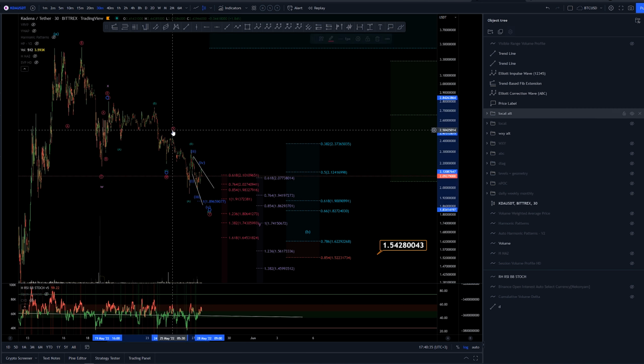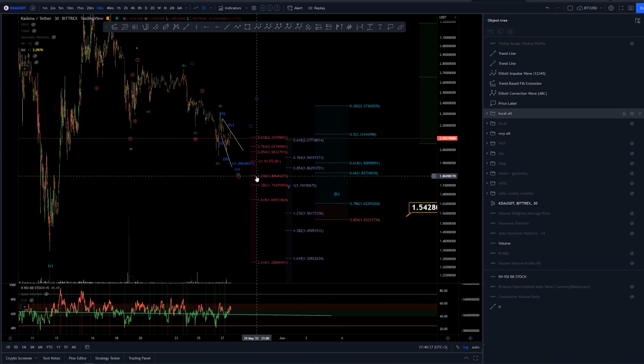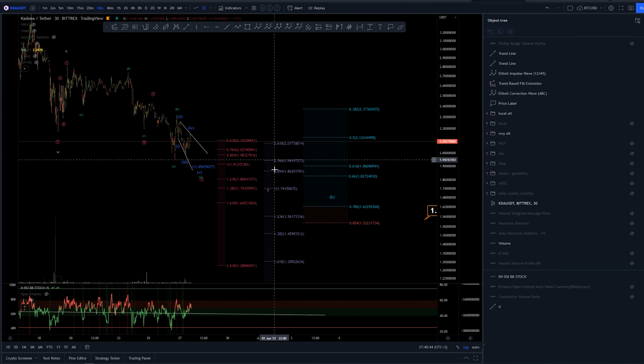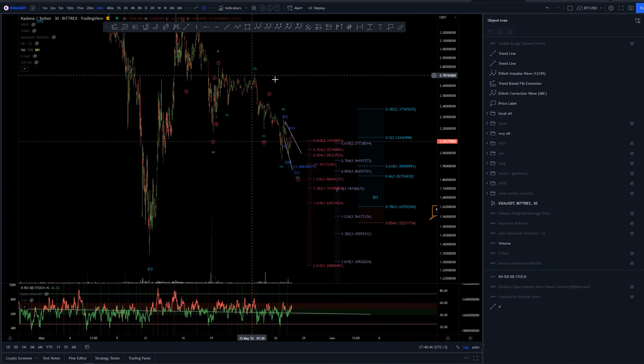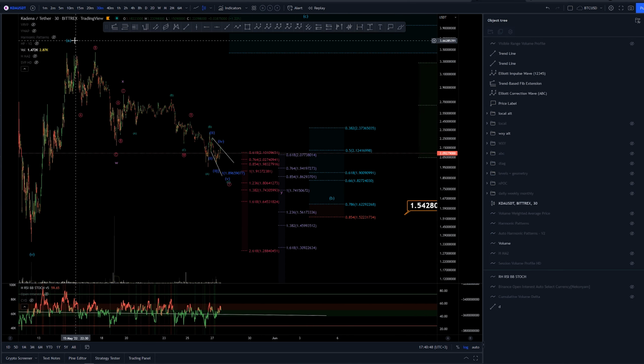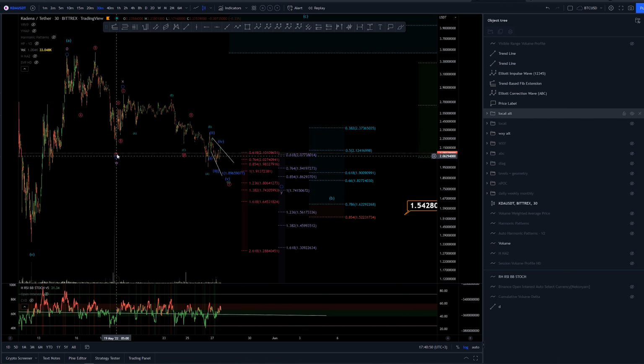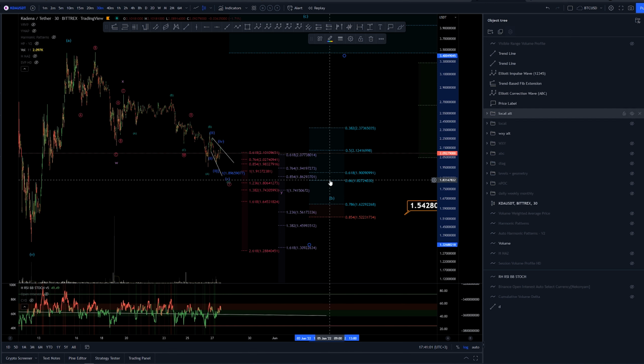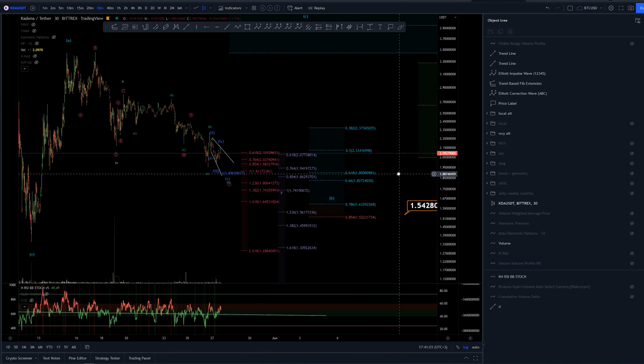So WXY here on this pink count, 1 to 1 is 1.91 cents. That is pretty close. The Y wave of this purple count, starting from top here, W, X and Y, 0.85 extension here, and 0.764, yeah, around there, and the B wave again, golden pocket right there.